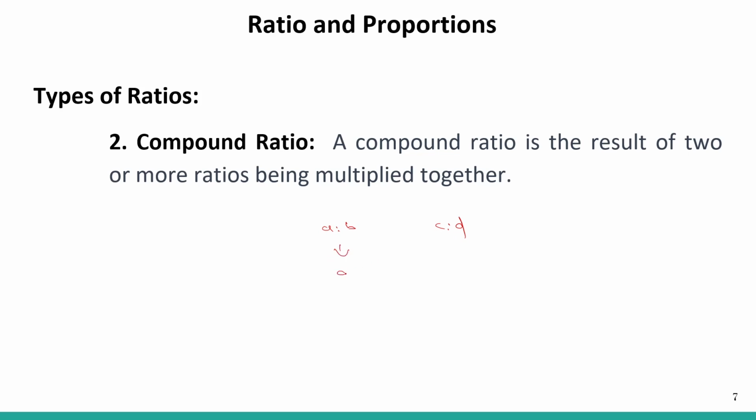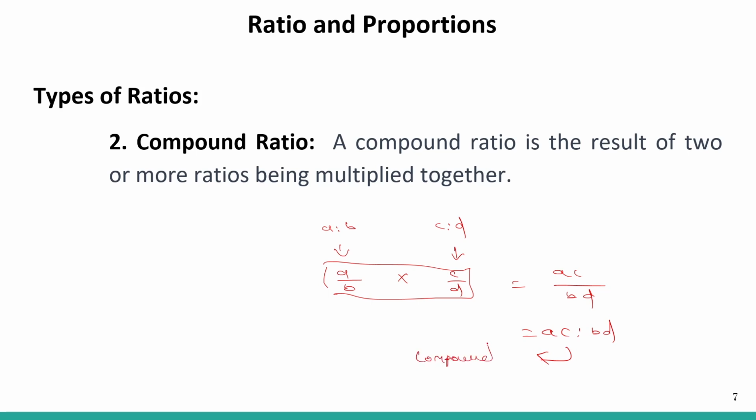This can be written as A by B and C by D. If we multiply these two, what we are left with is AC by BD, that is equal to AC is to BD. This kind of ratio, where two ratios are multiplied together, is called compound ratio.